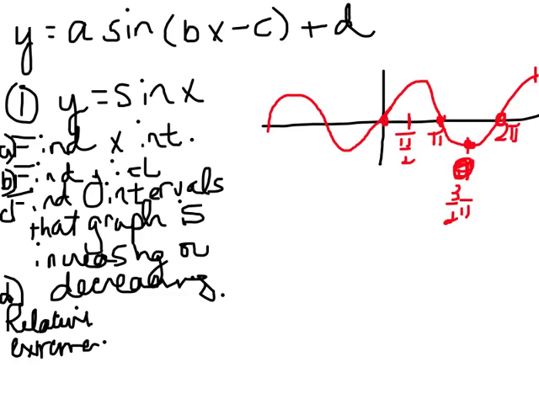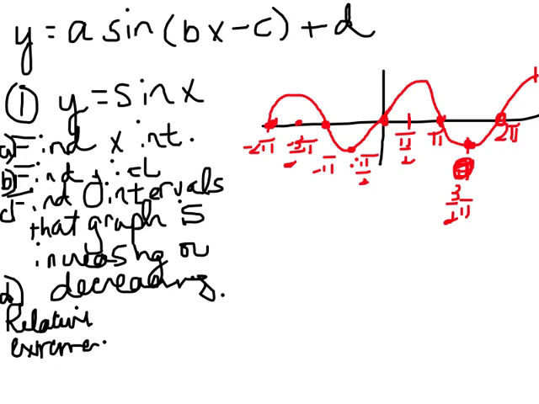So we've got sine x. They want the x-intercepts. And I'm going to look at the piece of the graph they showed us. I know this is negative 2 pi. This was negative 3/2 pi. This right here is negative pi, and this right here is negative pi halves.